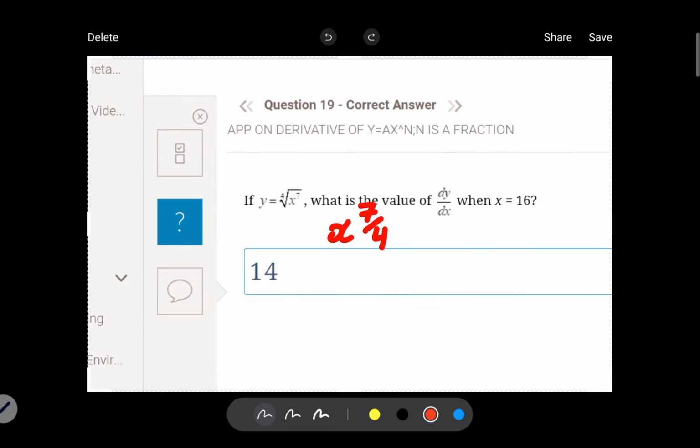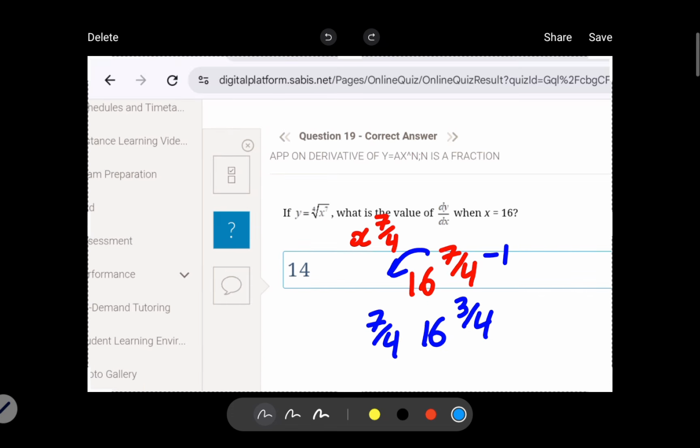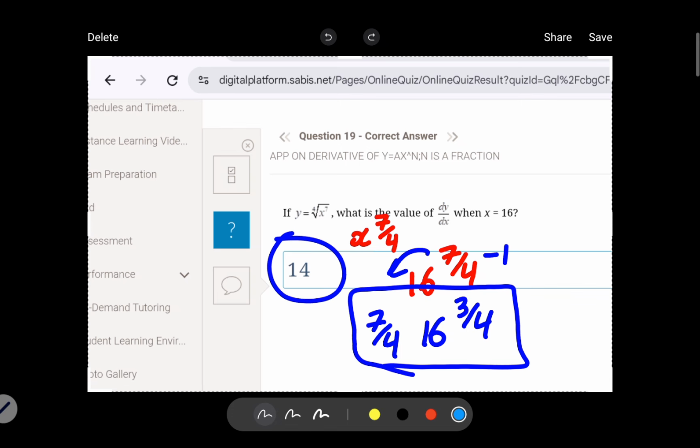And then x is 16, so 16 to the power of 7 over 4. Now we have to derive, so minus 1, and then move this down, so 7 over 4, 16 to the power of 3 over 4. When you put it on the calculator, you will get 14.